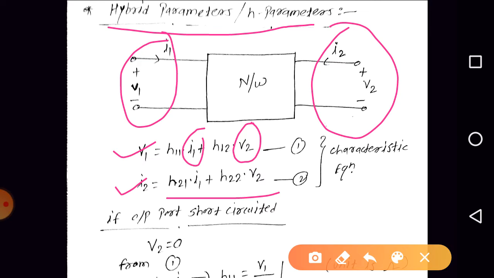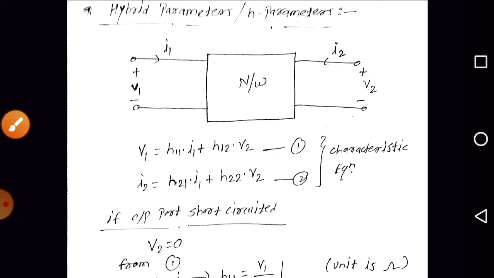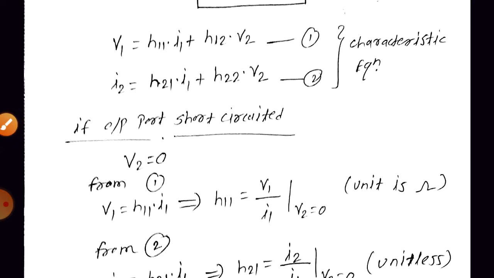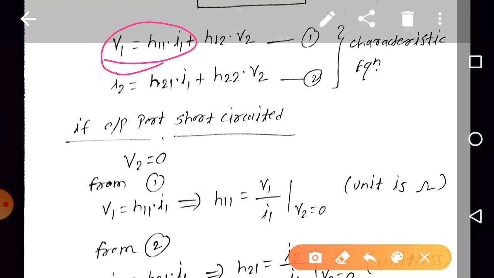In order to find H11 and H21, we need to make V2 equal to 0, which means the output port is short circuited. When V2 is equal to 0, V1 is equal to H11 into I1.